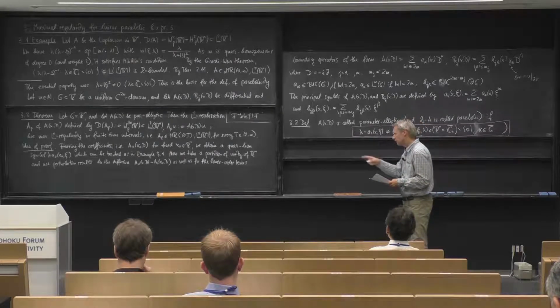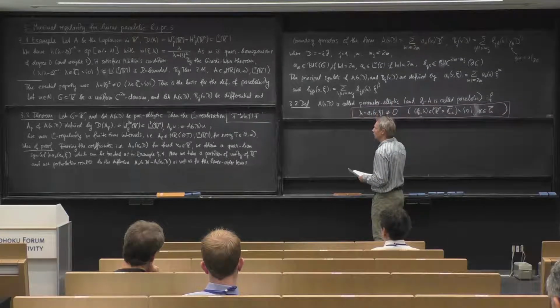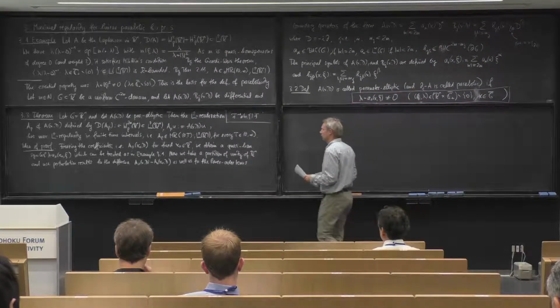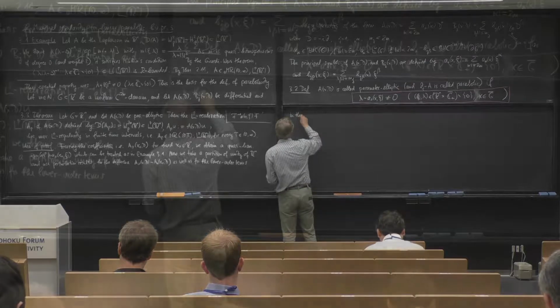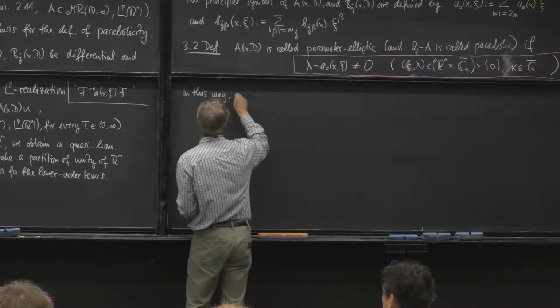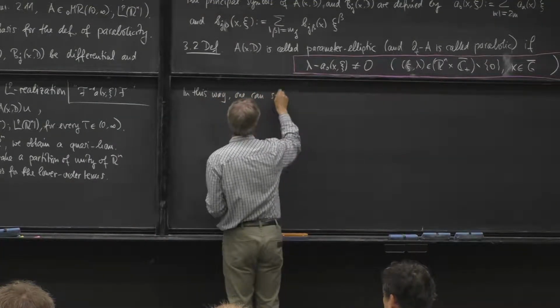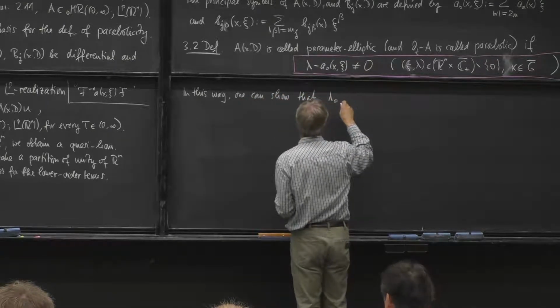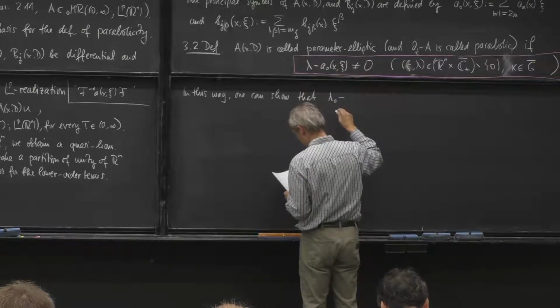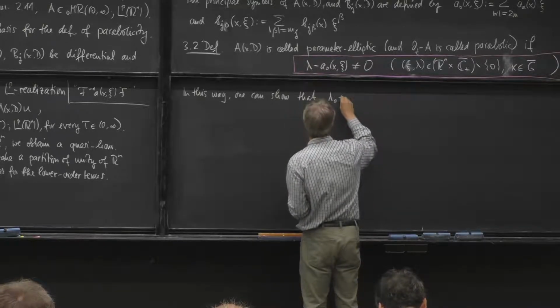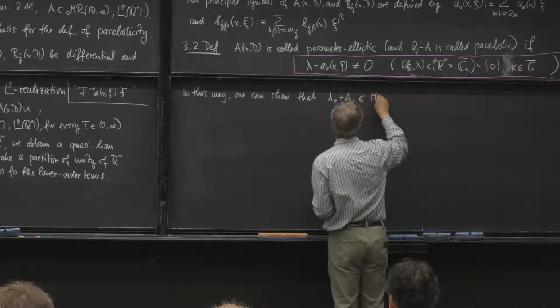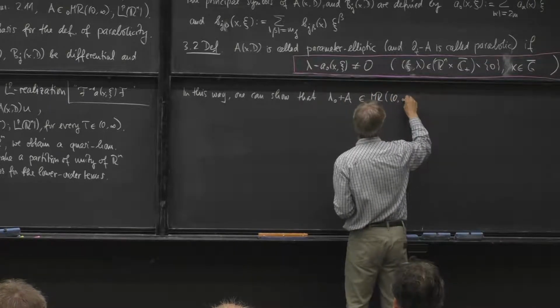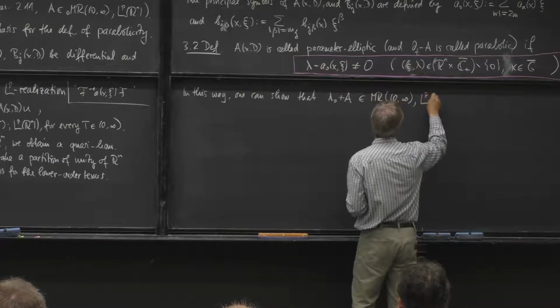So with these results, one can show that there exists λ0, a positive number, such that the shift λ0 plus A has maximal regularity in the whole interval, in Lp.